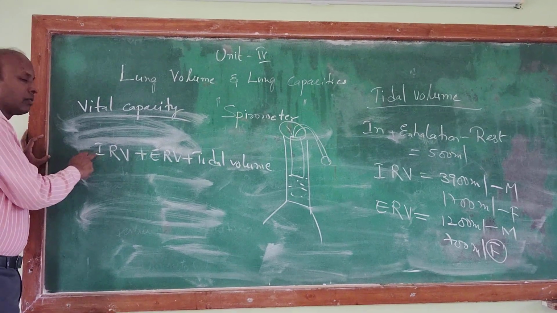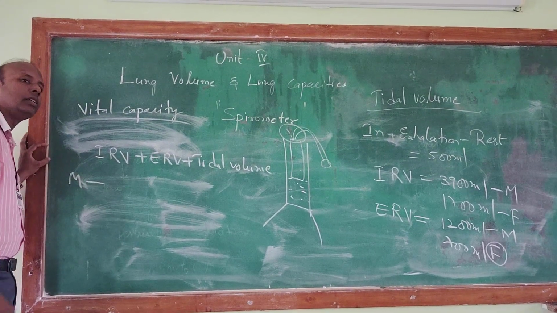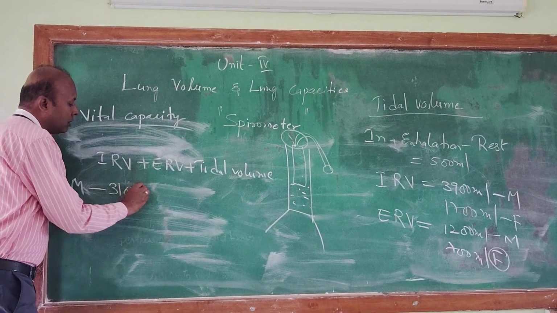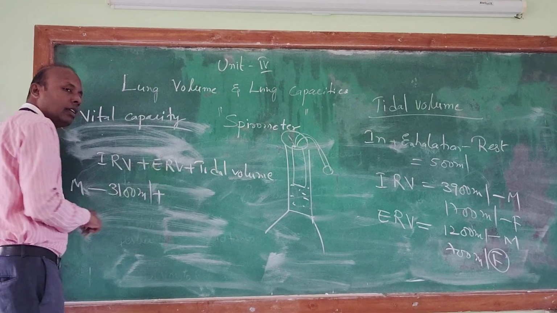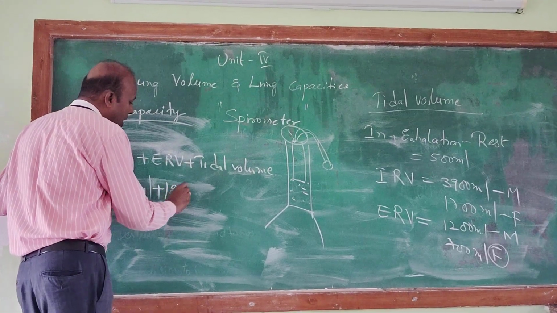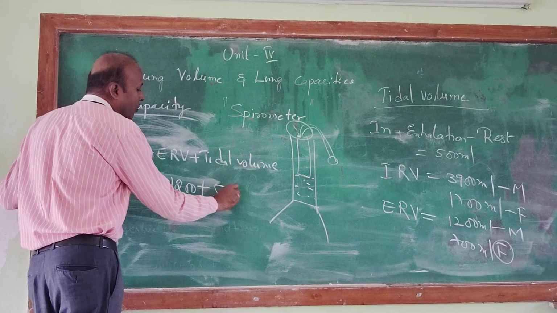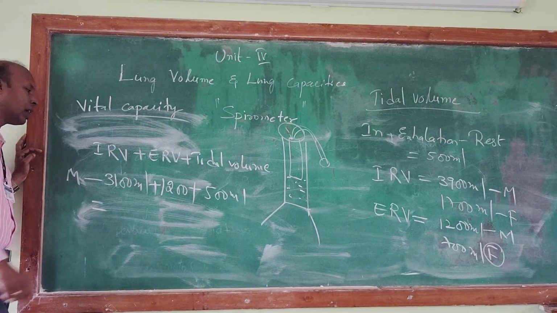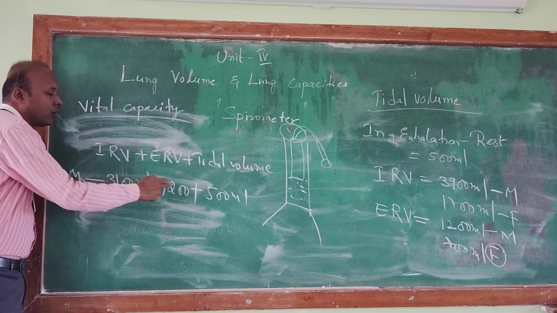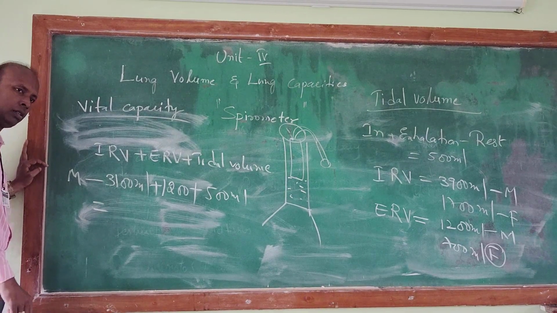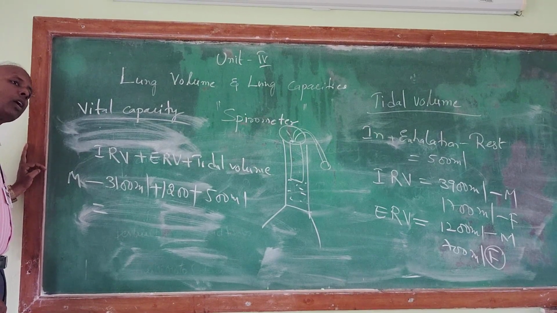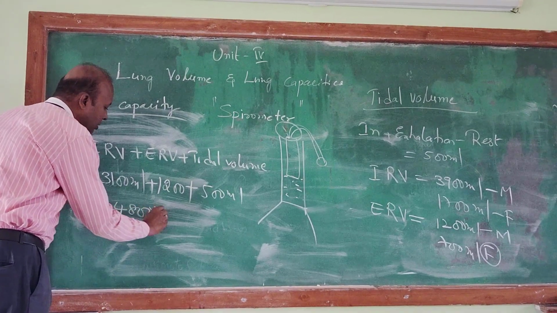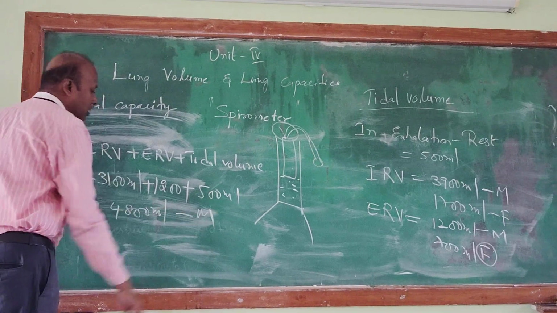For males, the IRV is 3100 ml, plus ERV 1200, plus tidal volume 500. Calculate with your mobile: 3100 plus 1200 plus 500 is 4,800 ml, the vital capacity.